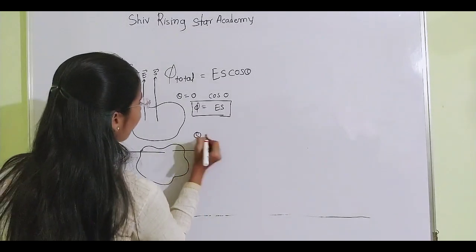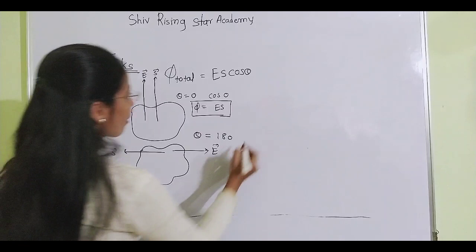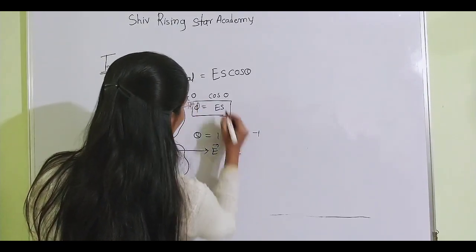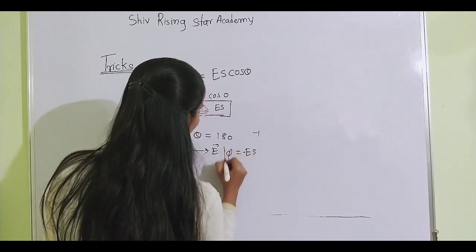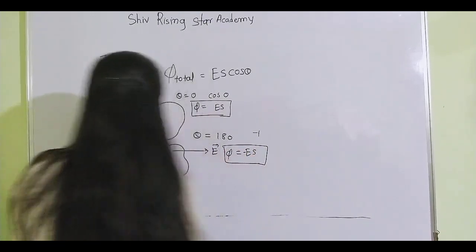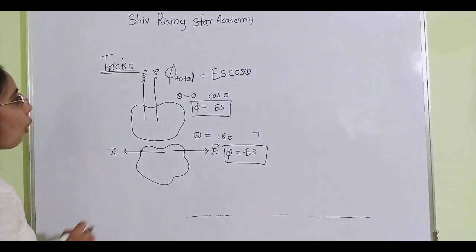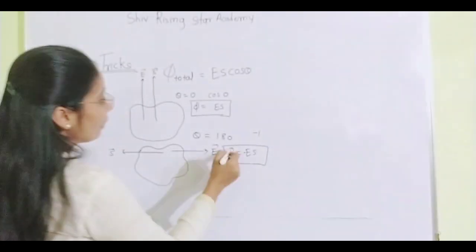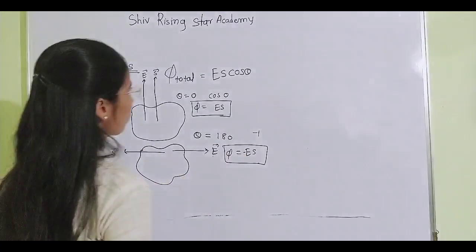So here theta is 180 degree. So cos 180 is -1. So phi is equal to ES times -1, that is minus. So when the direction of the electric field and the direction of the area vector are opposite, then electric flux phi is equal to minus ES.